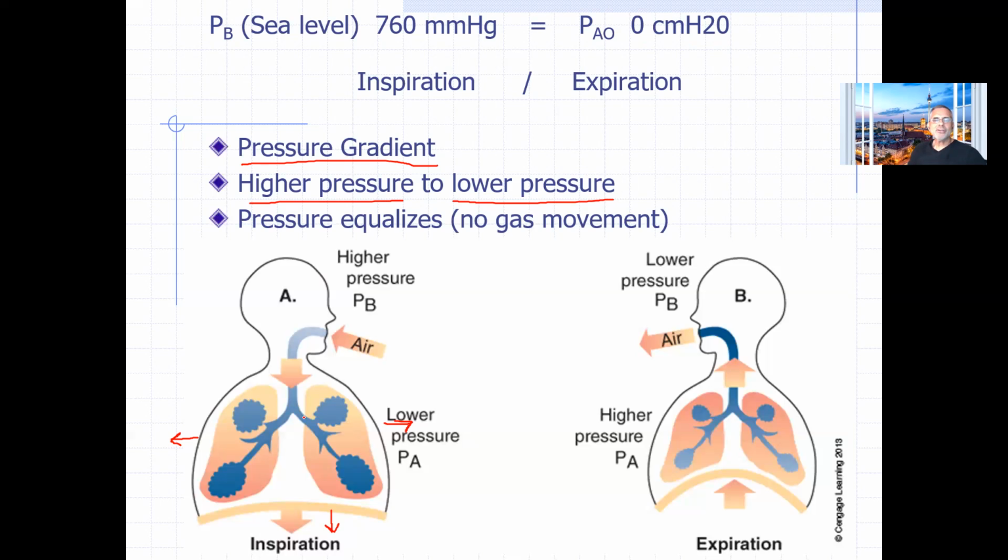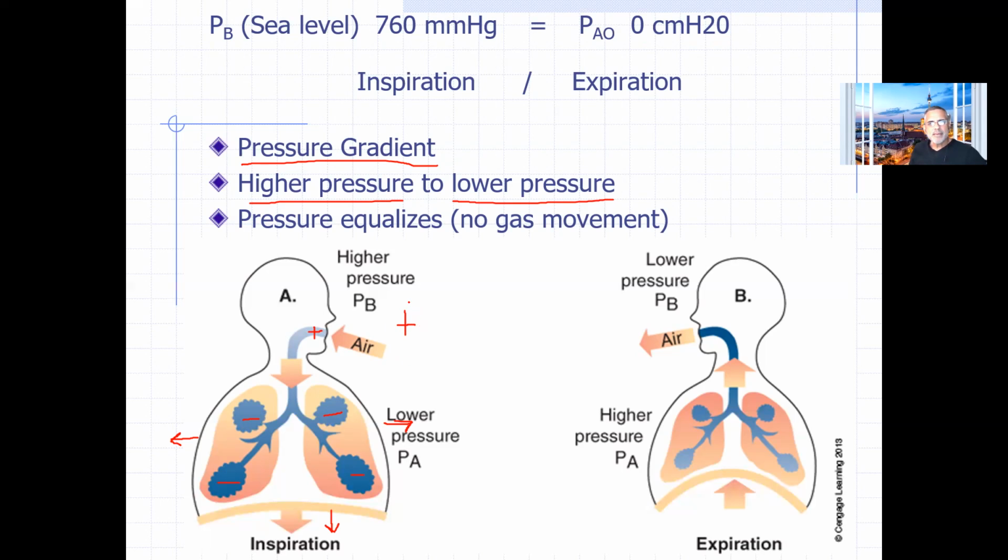Now, with that increase in intrathoracic cavity, you can think about that as making a vacuum in there, because that space is now getting bigger and there's a void. So during inspiration, we start to see a negative pressure, or a pressure gradient that's more negative in the lung compared to the pressure that is more positive outside, at the upper airway or the airway opening.